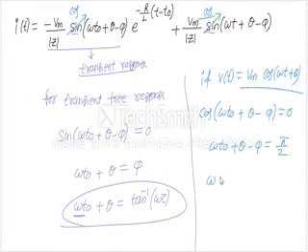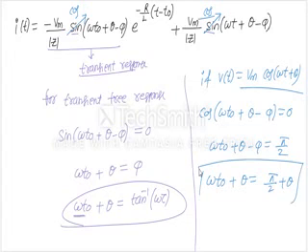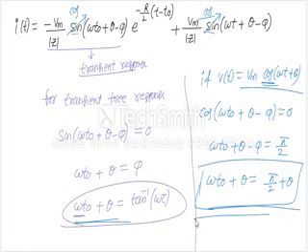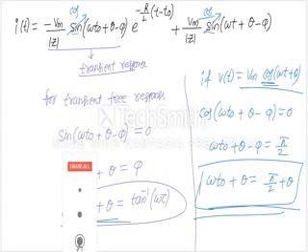So omega t naught plus theta is equal to pi by 2 plus theta. Now this is the condition for transient free response if the harmonic term is a cosine function. If it is sine, this thing. If it is cos, this thing. Yeah, this is fine now.